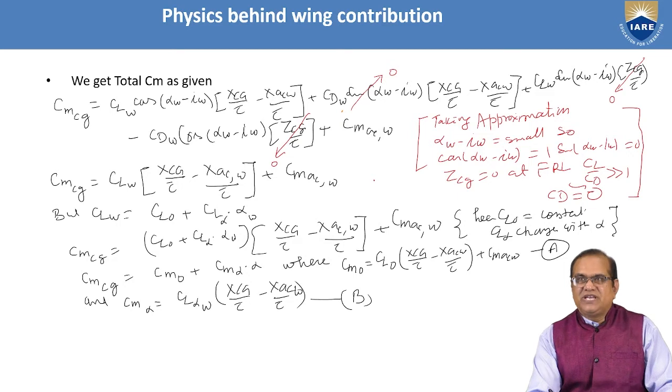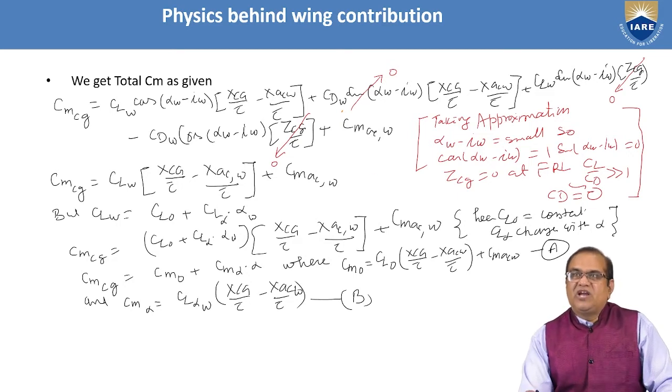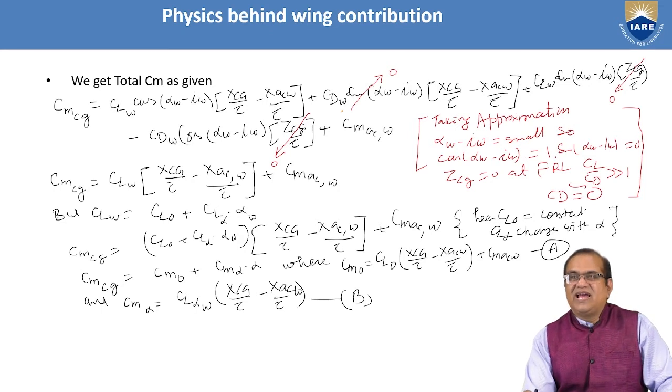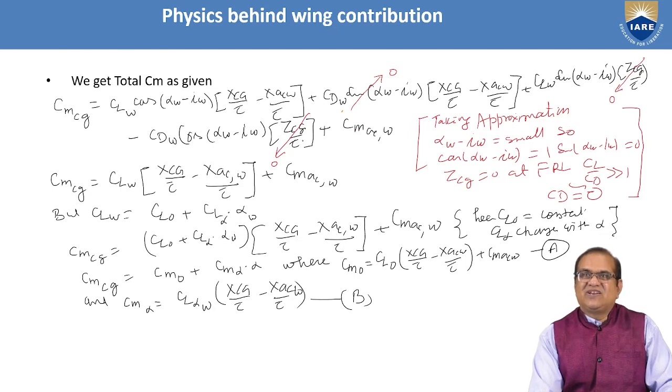Cm_ACW. So here we have to take some approximation. This alpha_W minus i_W is very small, so the cosine will be 1 and the sine will be 0. So wherever the sine is there, one here, one here, all will go. z_CG is 0 because it is on the FRL, so both z_CG terms will go.